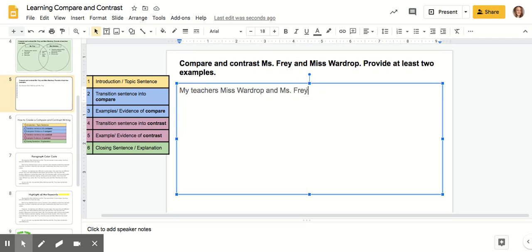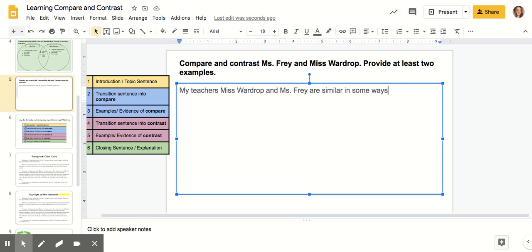I'm going to use those other words that we know for compare and contrast. For compare, I used are similar in some ways. Similar is taking the place of compare because we know compare means same. We also know they wanted to know about contrast, so we have to include something about that.